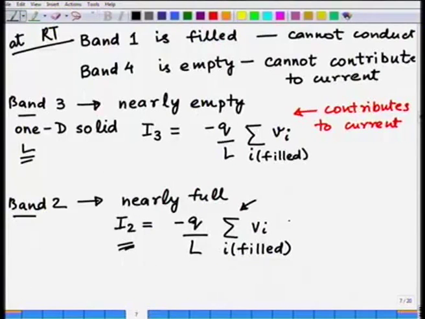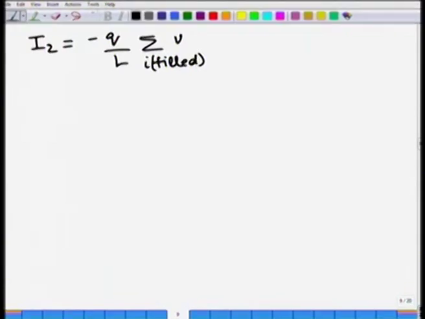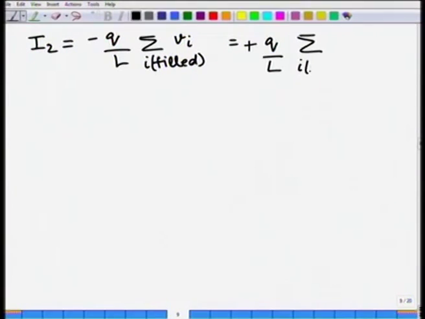So, I will write this current I2, in which I will replace this by the empty sites' velocity, negative of that. So, I will write I2 as equal to minus Q by L. The way I have written is the sum over filled Vi, but then I can write this same thing as plus Q by L the sum over empty states Vi. Now notice what have I achieved.